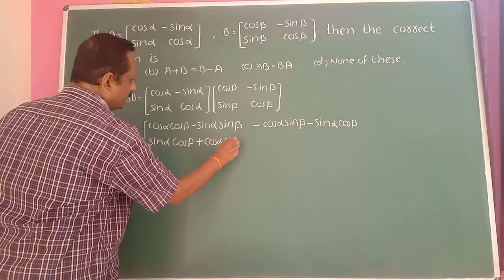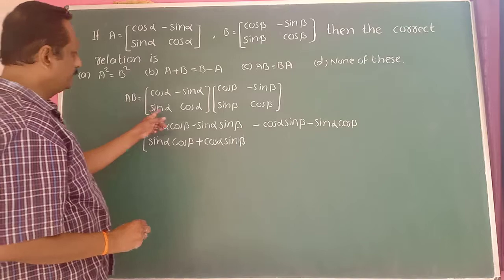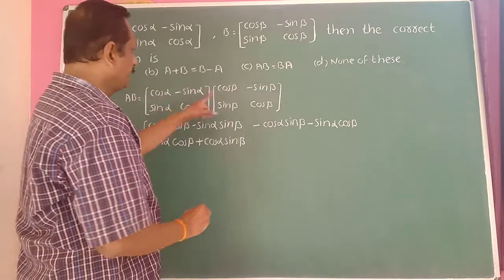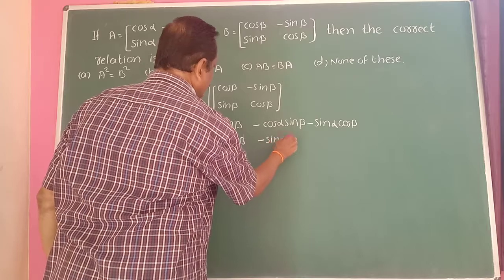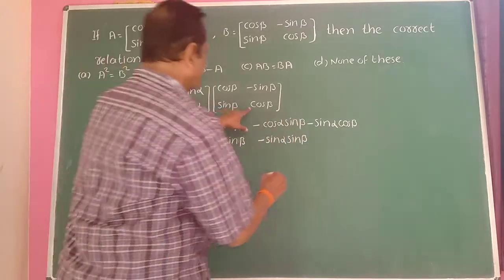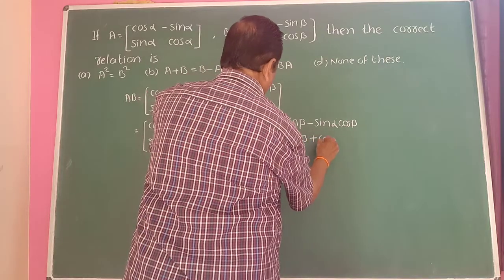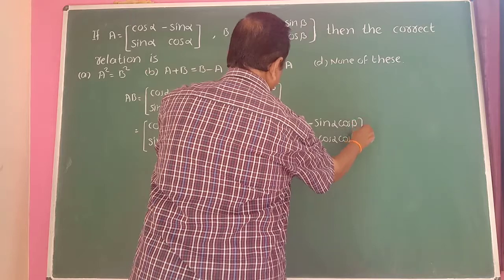Then multiply this row with the column: sin alpha into minus sin beta, plus cos alpha cos beta.